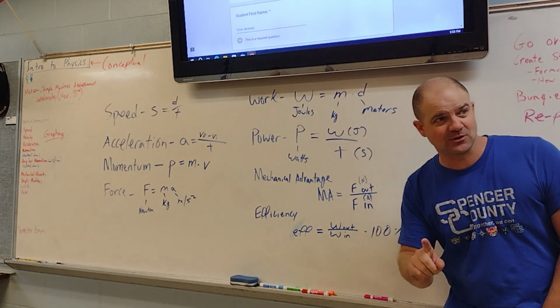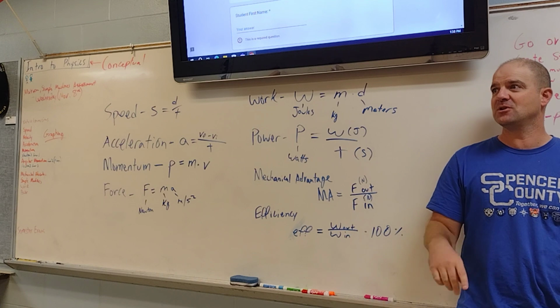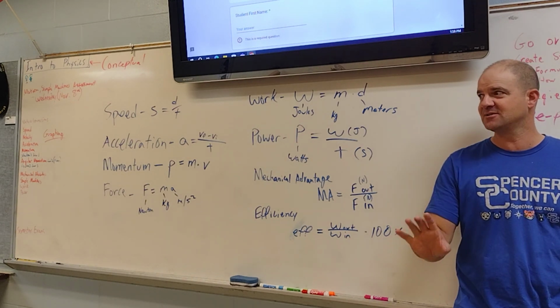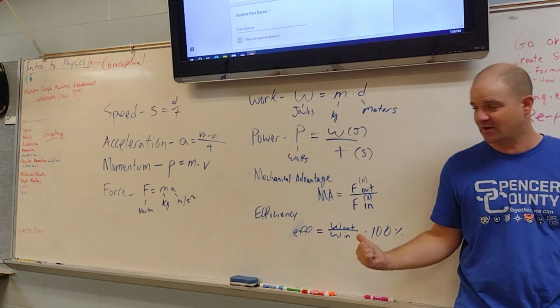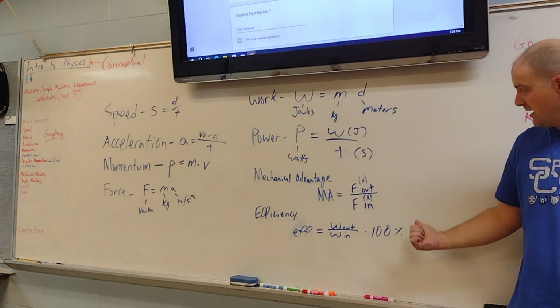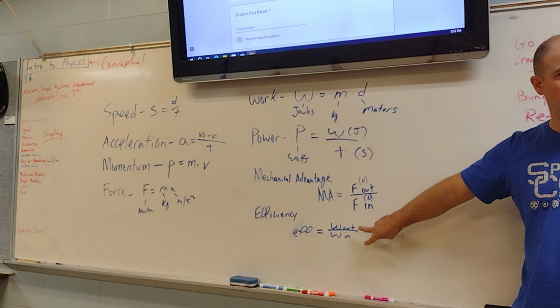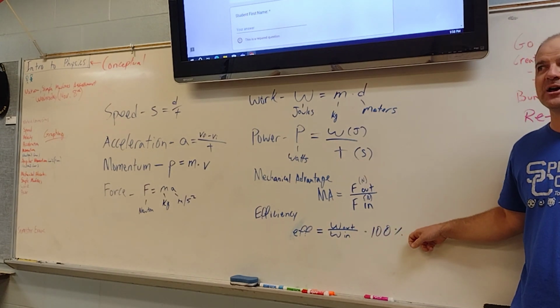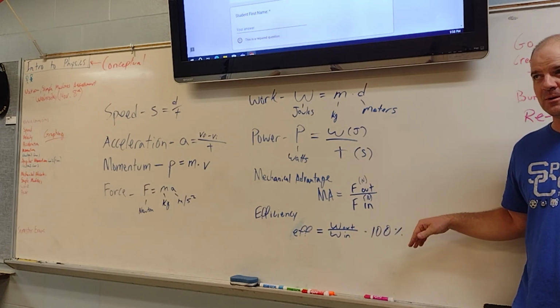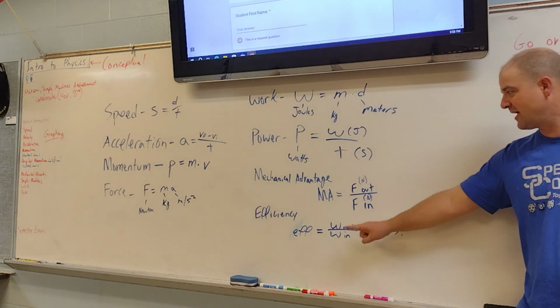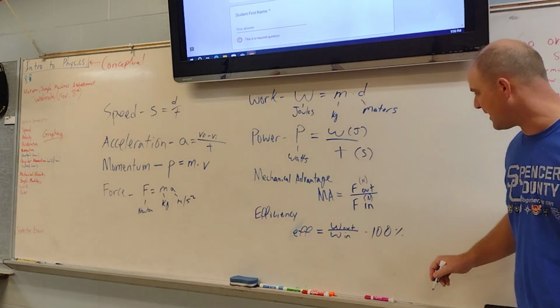Remember how after you answer something, you should ask, does my answer make sense? Does it pass the sniff test? For this one, the most common mistake I see is you flip your work in and work out in the division problem, and you end up with more than 100%. That's impossible, so it doesn't pass the sniff test. You probably have these flipped. How do I know it's impossible?